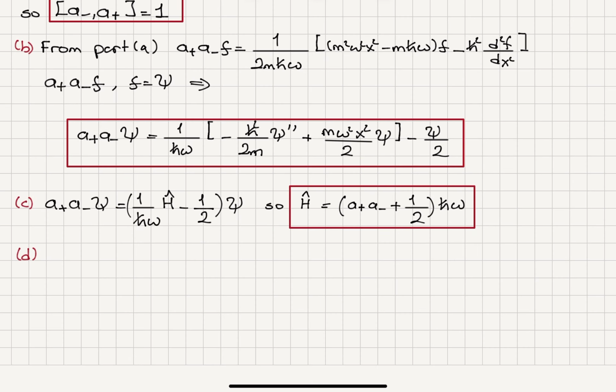So we were able to write the Hamiltonian operator in terms of the A plus and A minus operators, making this observation in part B that A plus A minus applied to the wave function is nothing but 1 over h bar omega Hamiltonian operator minus psi over 2. So 1 over h bar omega Hamiltonian operator minus 1/2 applied to psi gives us A plus A minus psi. So A plus A minus is 1 over h bar omega H operator minus 1/2. So we can write the Hamiltonian operator this way.